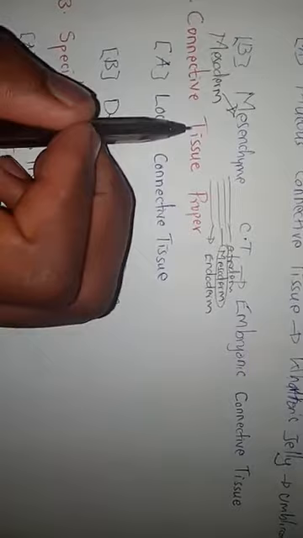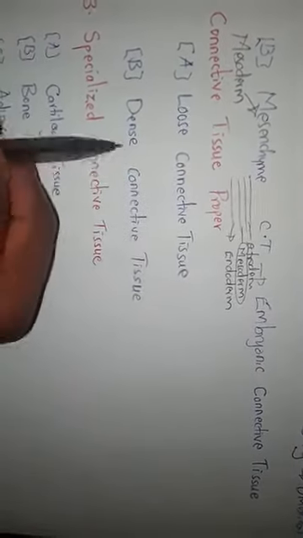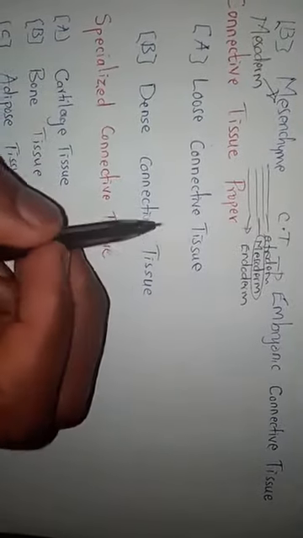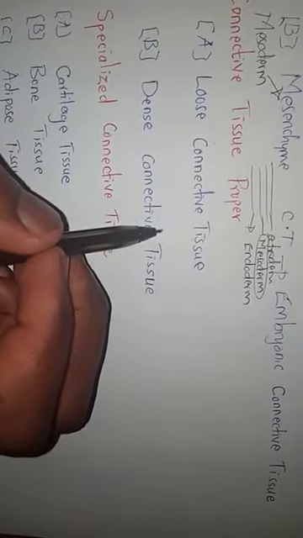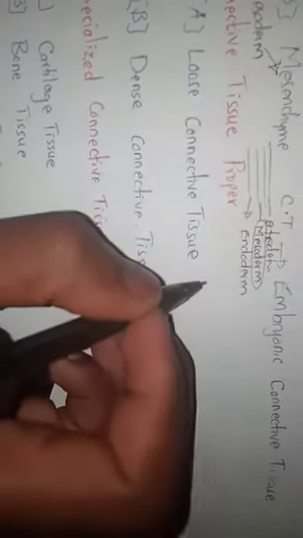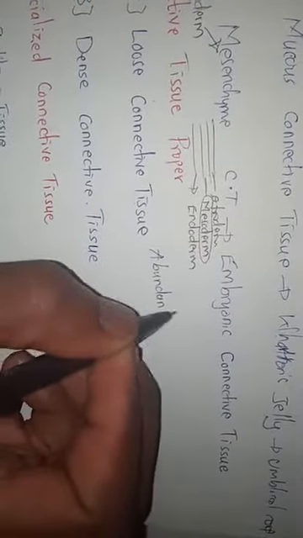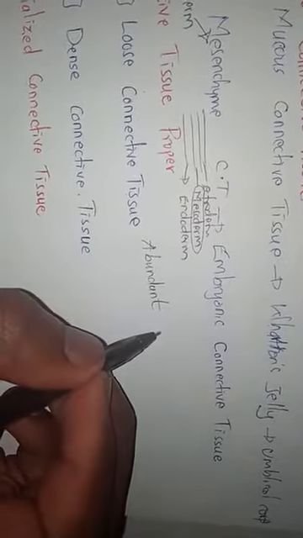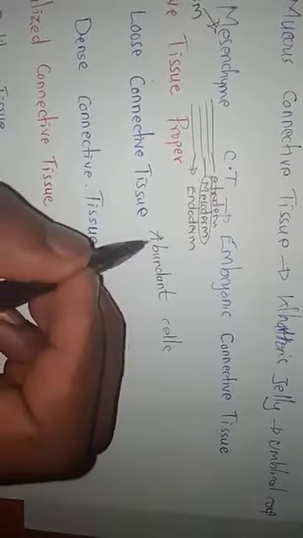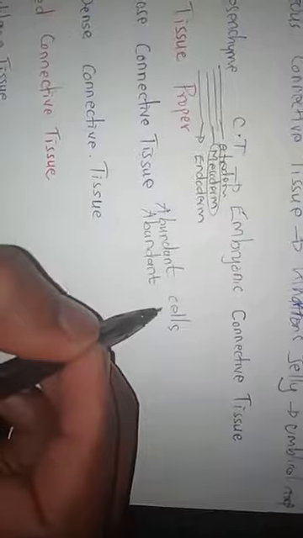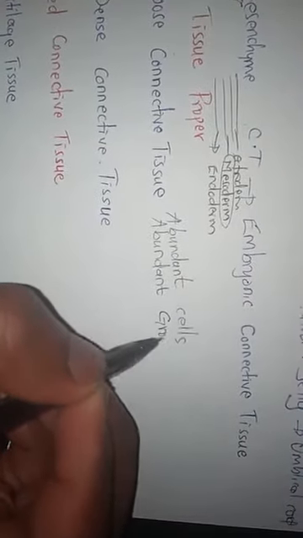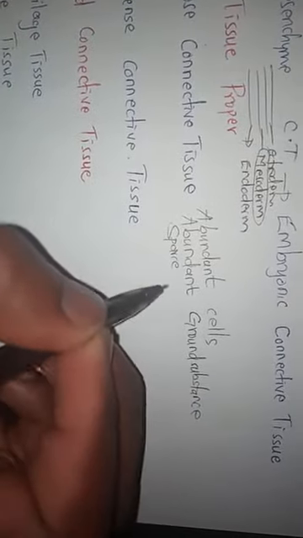Going to the connective tissue proper, we'll find the loose connective tissue and dense connective tissue. And here we have some distinguishing features. Loose connective tissue has abundant cells. It also has abundant ground substance and sparse collagen fibers.